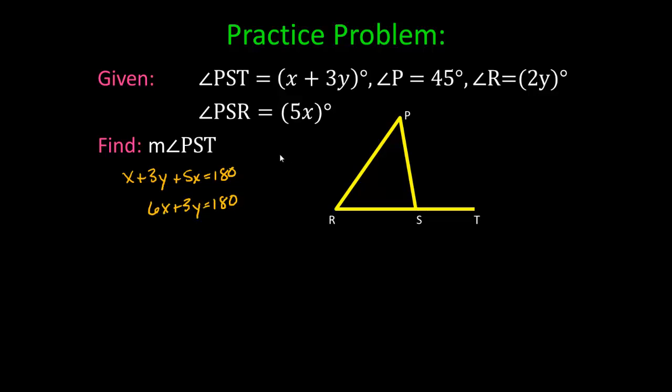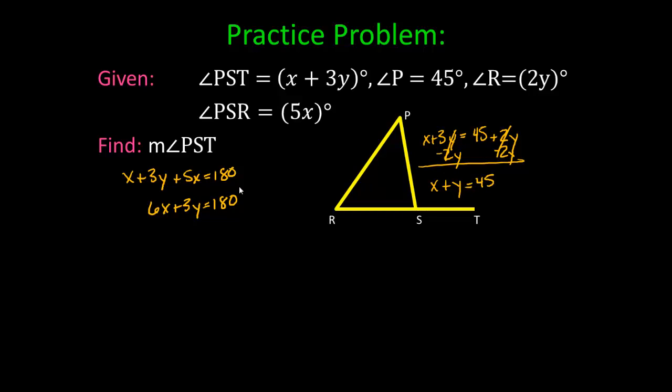And you're essentially going to be doing the same thing, because remember, this is an exterior angle, and it has to equal these two combined. So you could also say that PST, which is again x plus 3y, equals 45 plus R, which is 2y. Then you combine like terms, so subtract 2y from both sides, and you get x plus y equals 45.